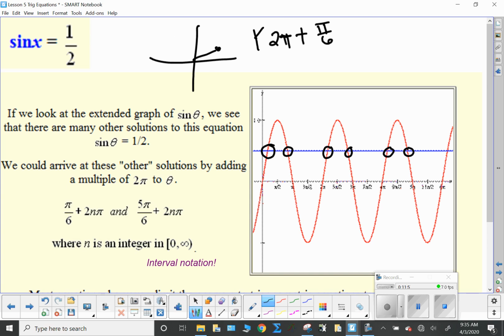So I'm going to have this number k. K is an integer. I can go forwards or backwards. It's any coterminal angle. This right here just says coterminal with whatever angle that is. So I do the same thing with 5 pi over 6, and now I can take care of anything.